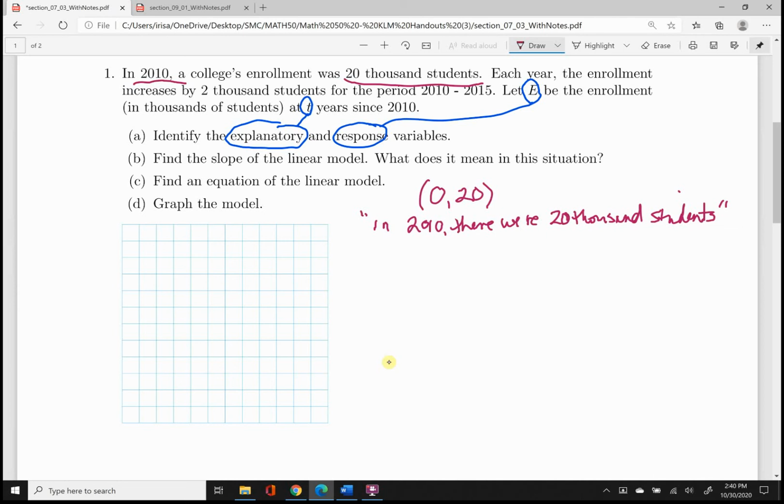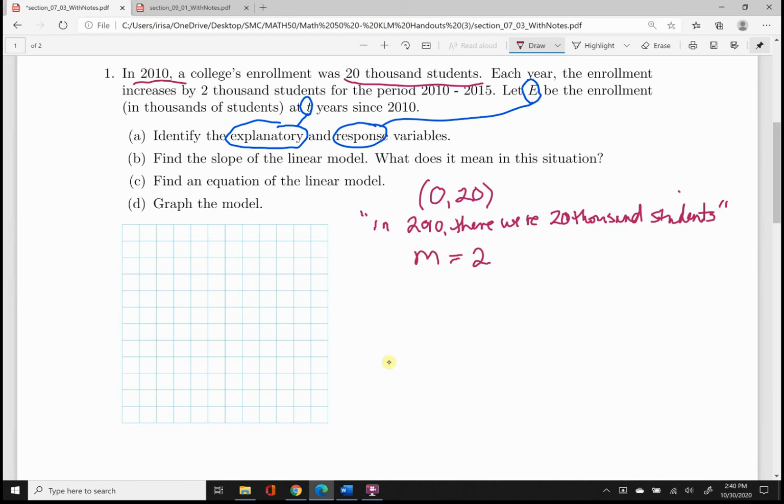And then it says each year the enrollment increases by 2,000 students, and it's over the span of these 5 years. An increase of 2,000 students means that the slope m is going to be a positive 2. And remember that the number of students is in the thousands, so this is actually representing a rate of change increasing of 2,000.